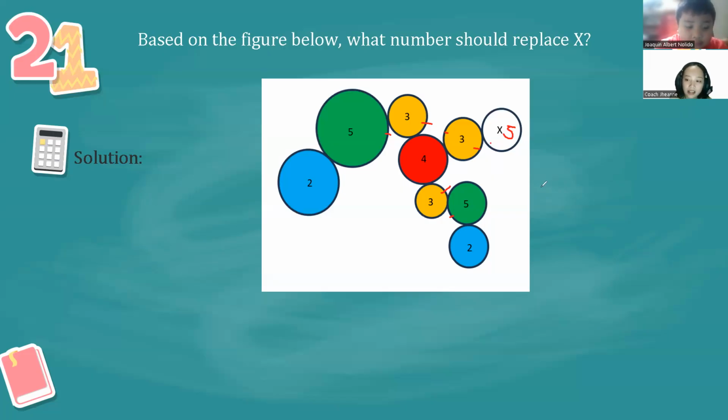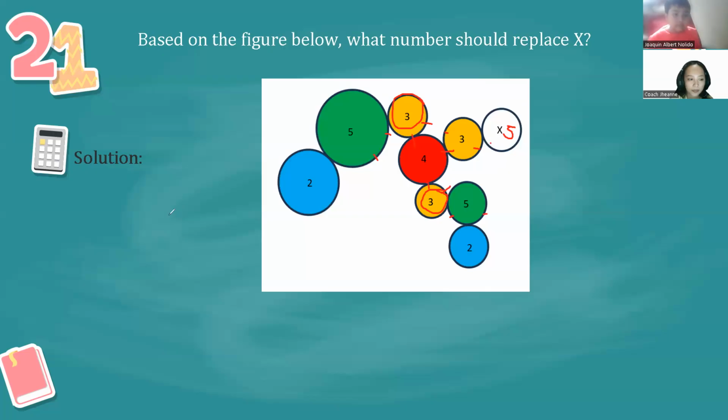The first or the base here is 4. However, the other 3 balls here, the yellow balls, are attached to 5. And we can already see that this ball is already attached to 4. This 2 and this 2 are already attached to 4.